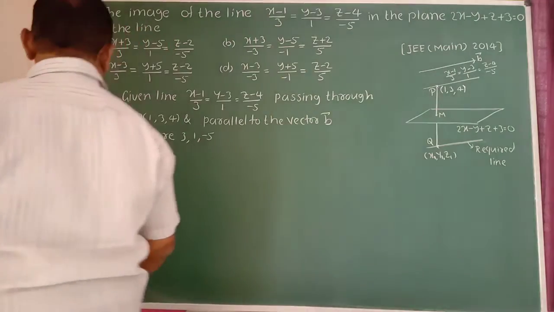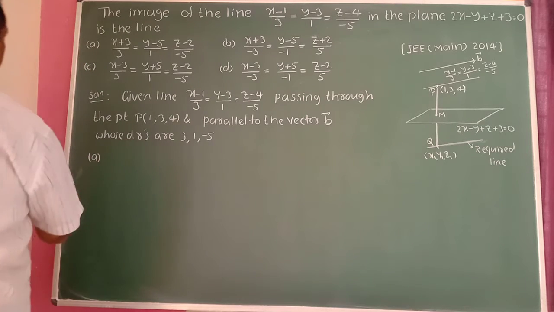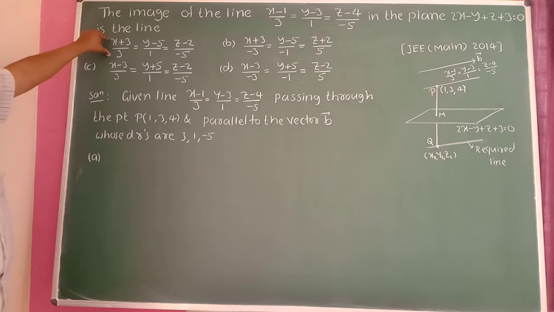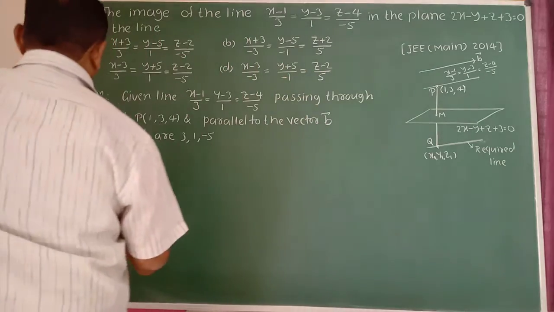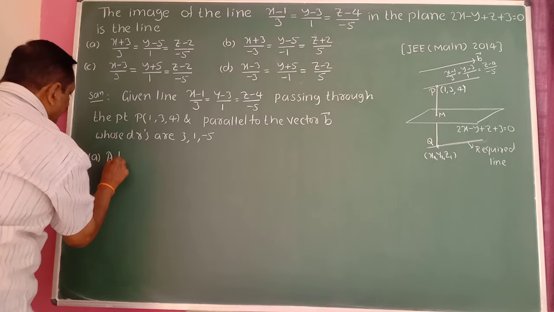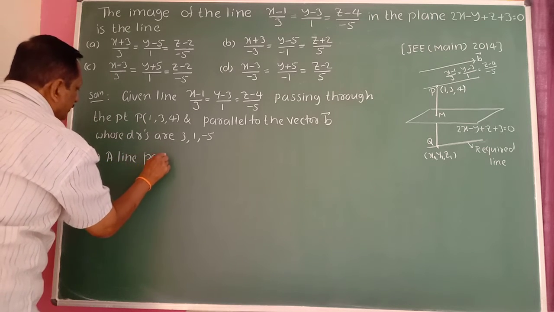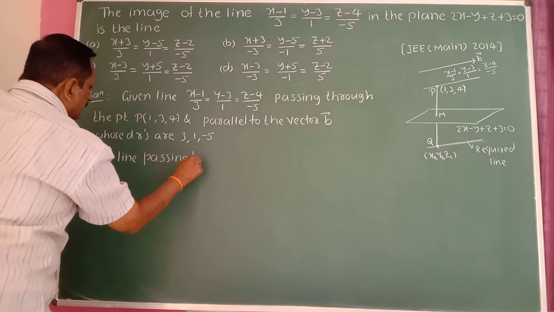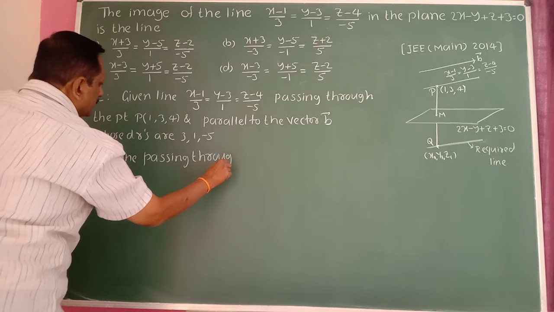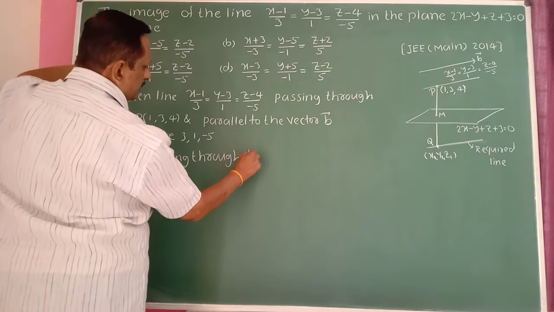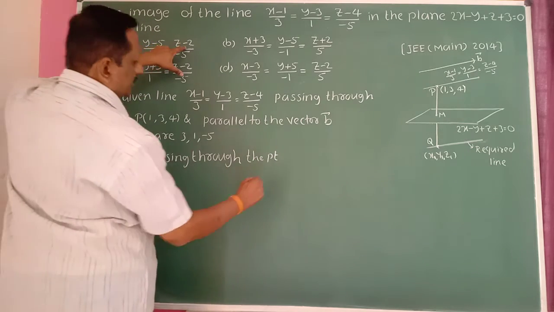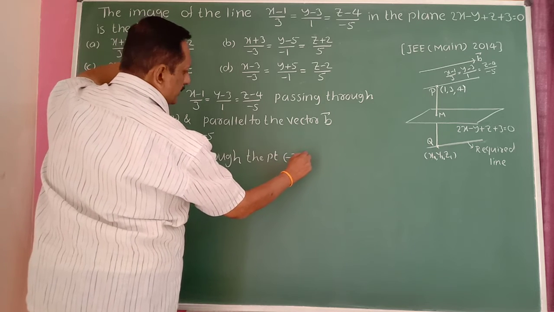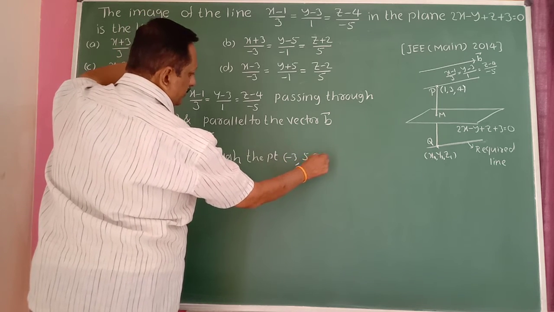So consider the first option here. In the first option, the line passes through the point (minus 3, 5, 2).